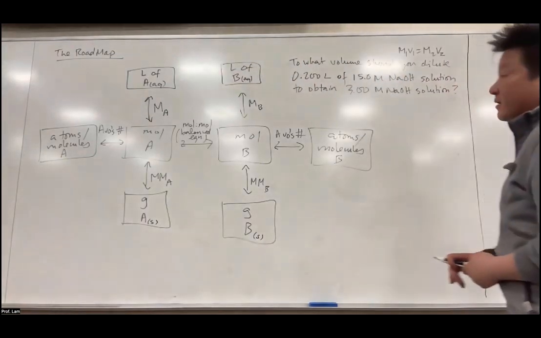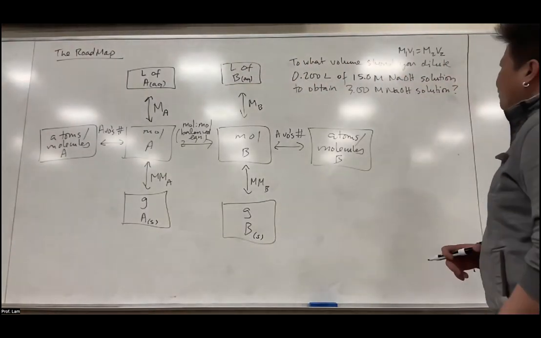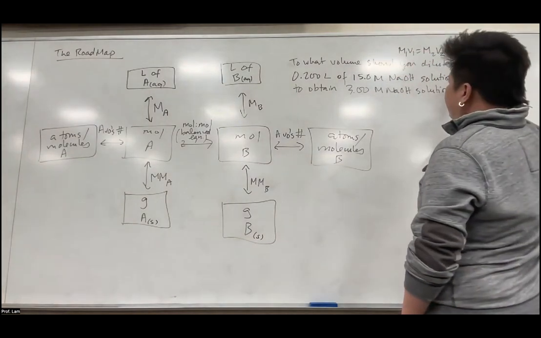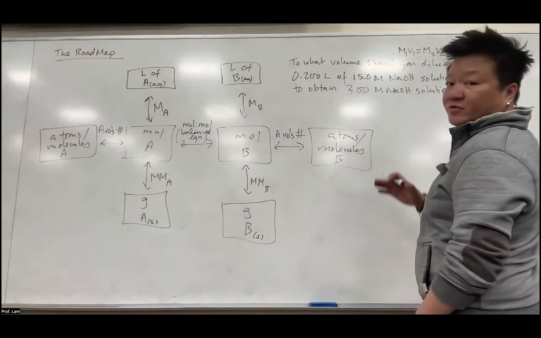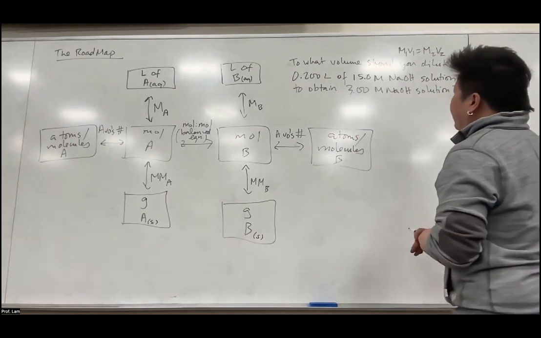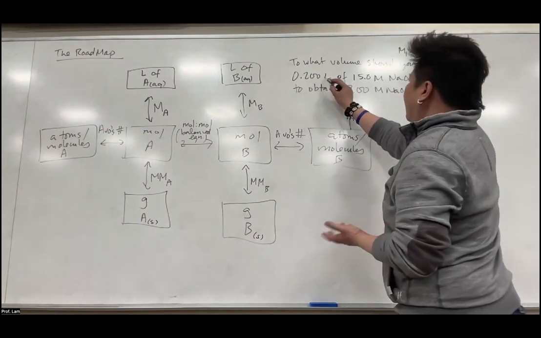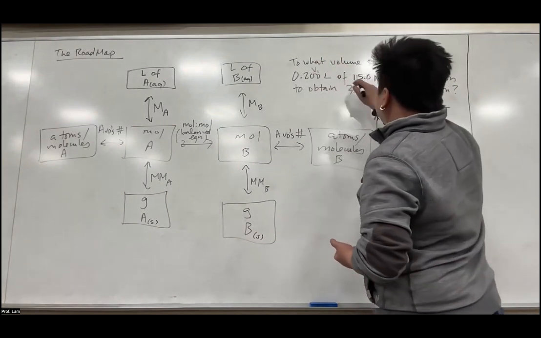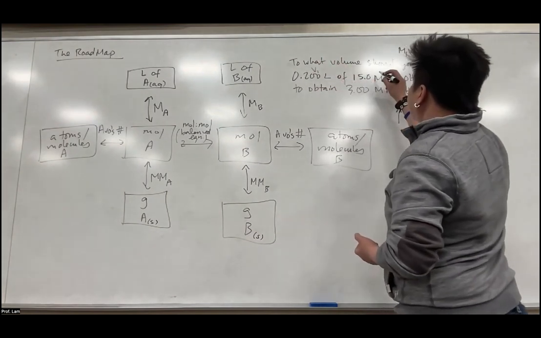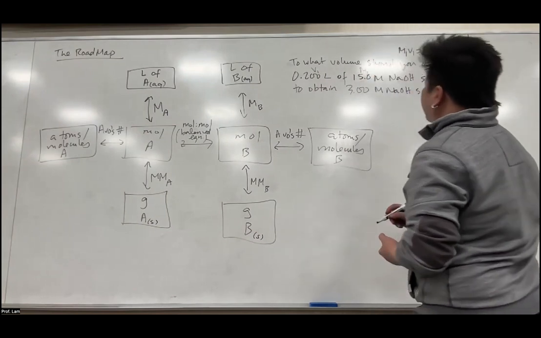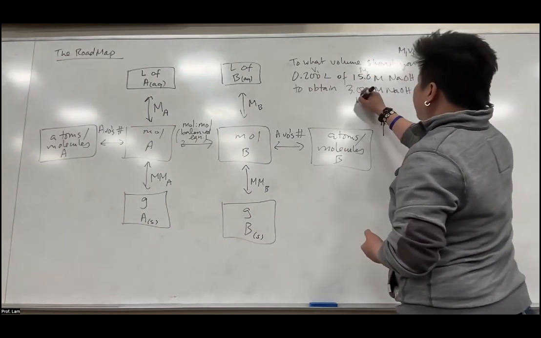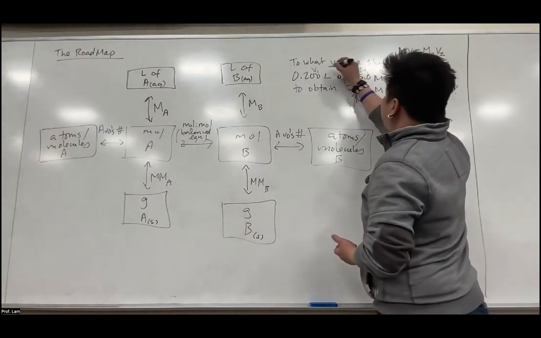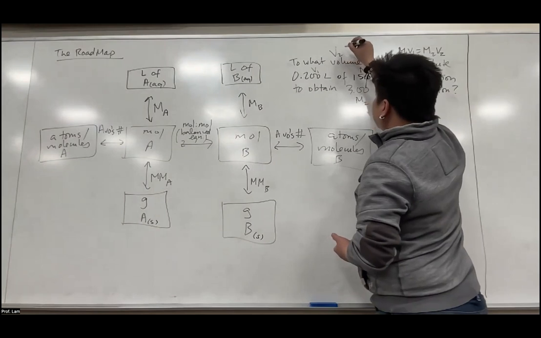And now we'll solve it, right? So it really doesn't matter which one you call M1, V1, which one you call M2, V2, as long as you keep them together, right? So here I have the first liter I see, let's call that V1, right? And that's tied to the first molarity I see, so we'll call that M1. And then 3 molar, that's our desired one. Let's call that M2. And so what it's asking, what volume, must be V2.